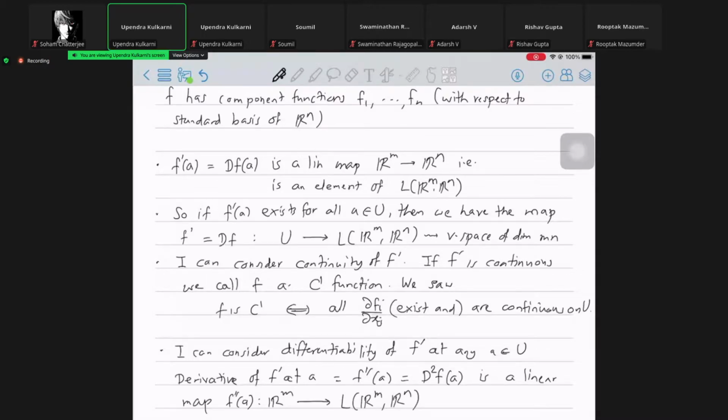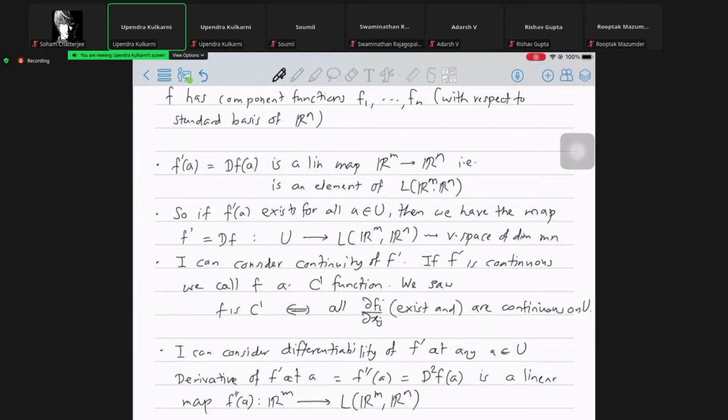If this is the case, then you have to ask me components with respect to which basis. Which basis am I choosing for L, Rm, Rn? I have to use the standard basis for both R to the power m and R to the power n. So these are elementary matrices, correct?